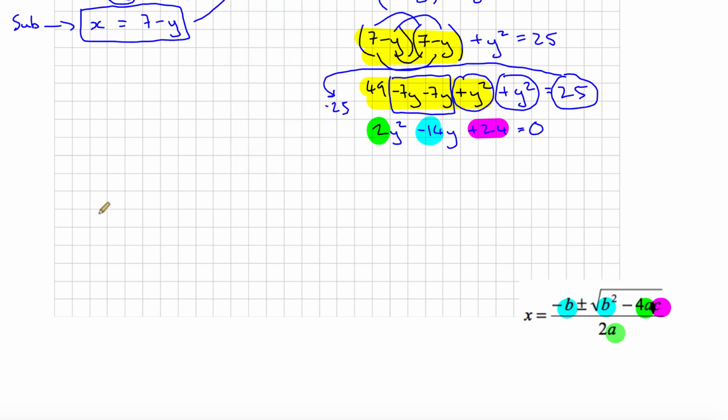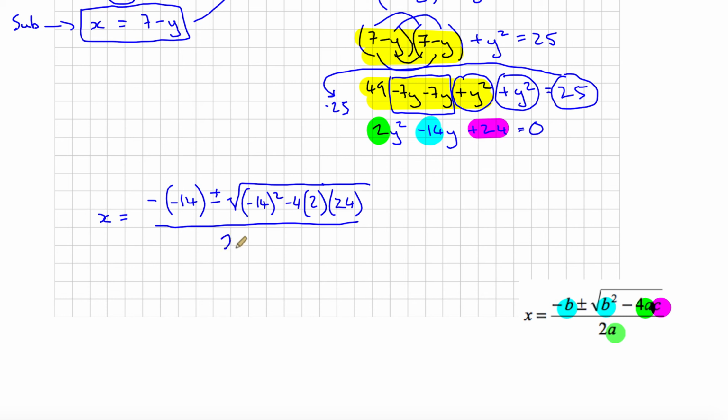So what I get then is x is equal to minus the b value, which is minus 14. So be careful there, it's minus b, which is minus 14, plus or minus the square root of b squared, which is minus 14 squared, minus 4 by a, which is 2, and by c, which is 24. And then that's all going to be over twice a, which in our case is 2.